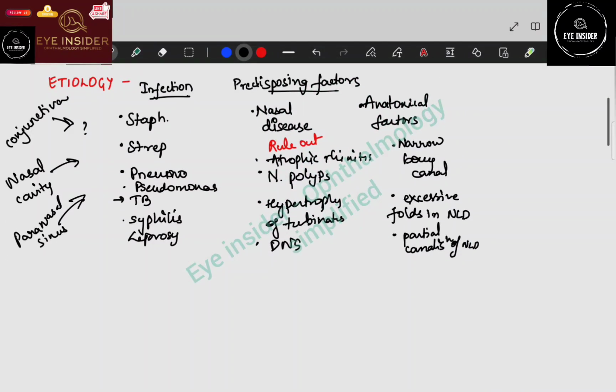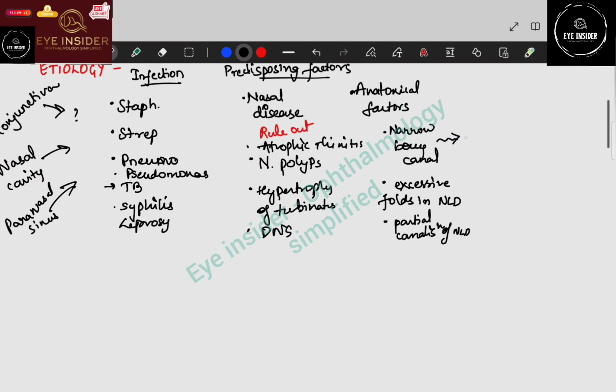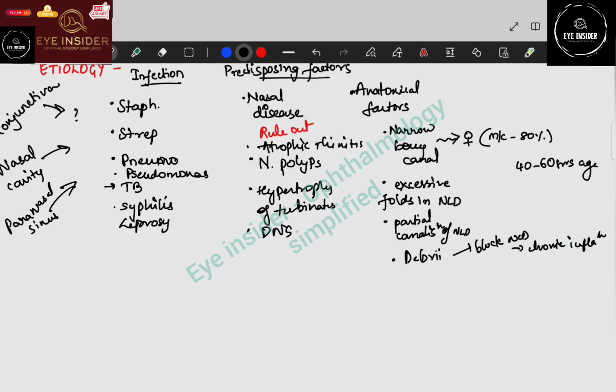This narrow bony canal is seen most commonly in females because it is physiological. That's why it is seen 80% in females, and in 40 to 60 years of age, because there can be some debris which can block the nasolacrimal duct and cause chronic inflammation. So these are the predisposing factors.